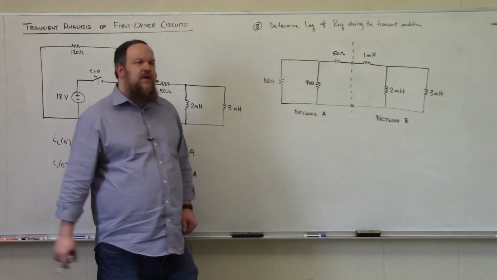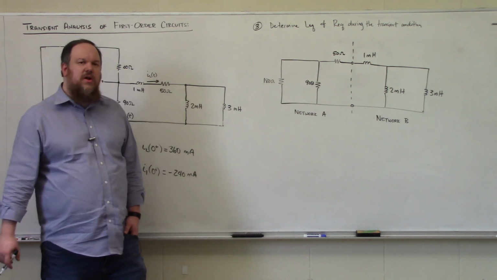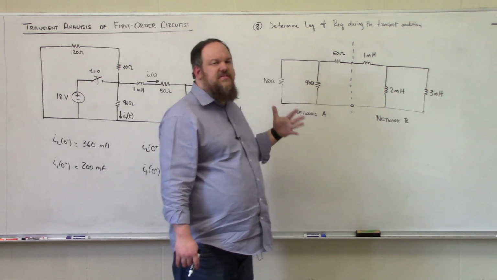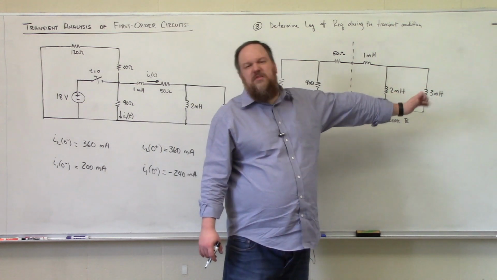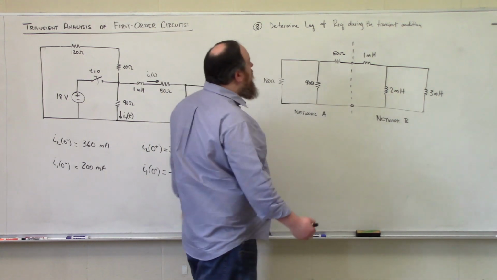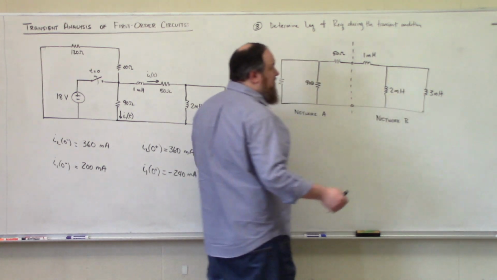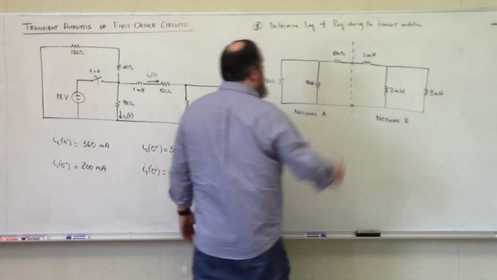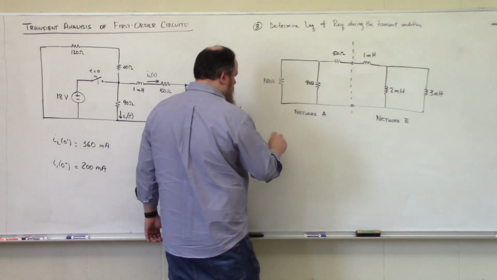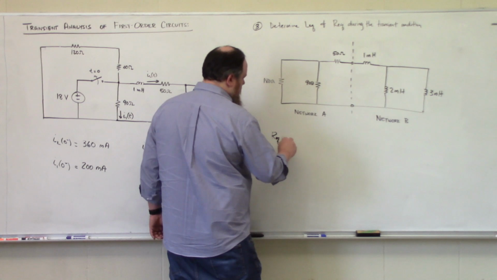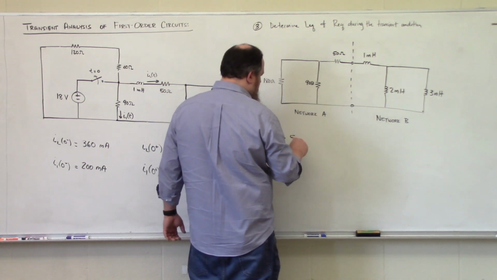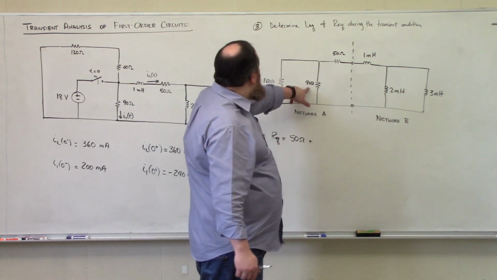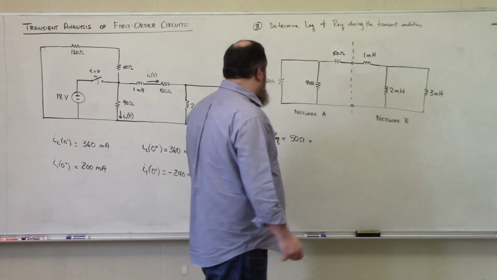If you can remember what we did in our lecture on Thevenin and Norton equivalent circuits, to find the equivalent resistance of network A, we disconnected network B and looked in. So, ignoring network B as if it were entirely disconnected and looking in from the right to the left, we would see that REQ, we have a 50 ohm resistor, and that is going to be in series with a parallel combination of 90 ohms and 180 ohms.